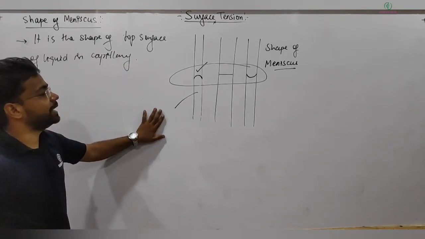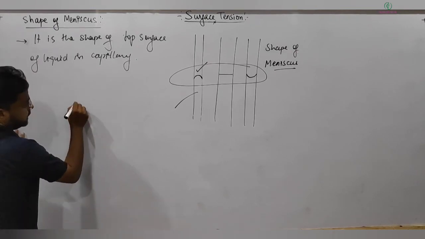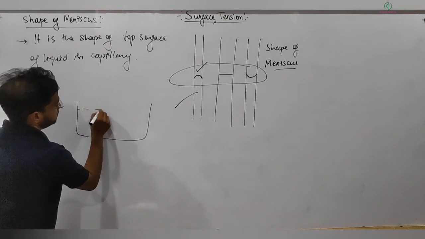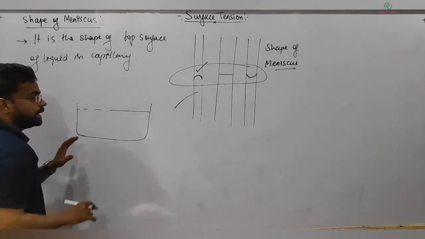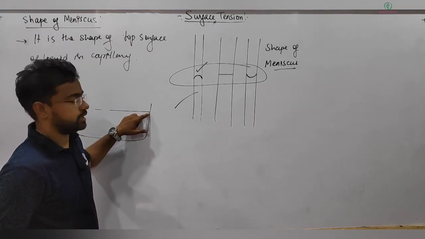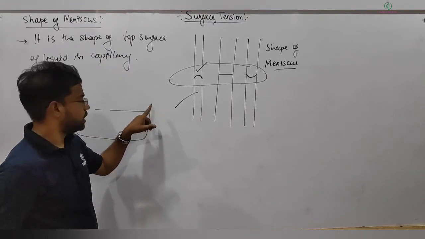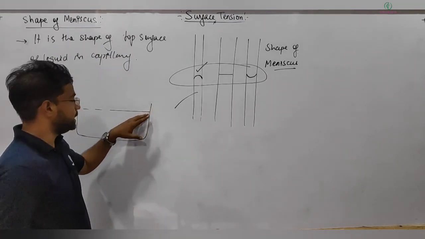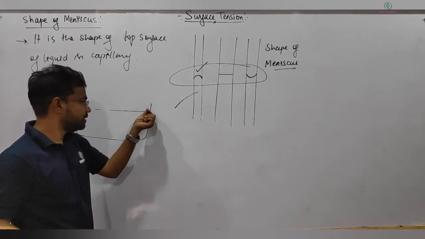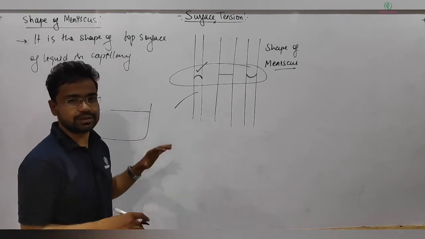Let's consider a container with some liquid filled in it. At the container's end, the shape is also influenced by the liquid and the container material, but because the surface is quite large, the influence is not clearly visible.